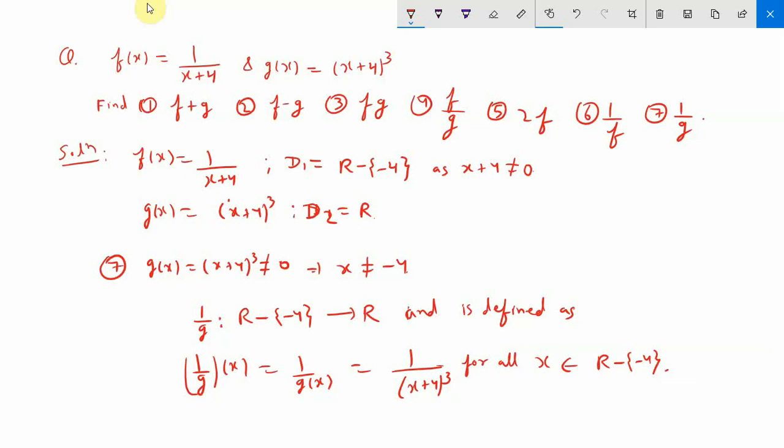So find the domain of the real function. Please note down. Let me clean this.